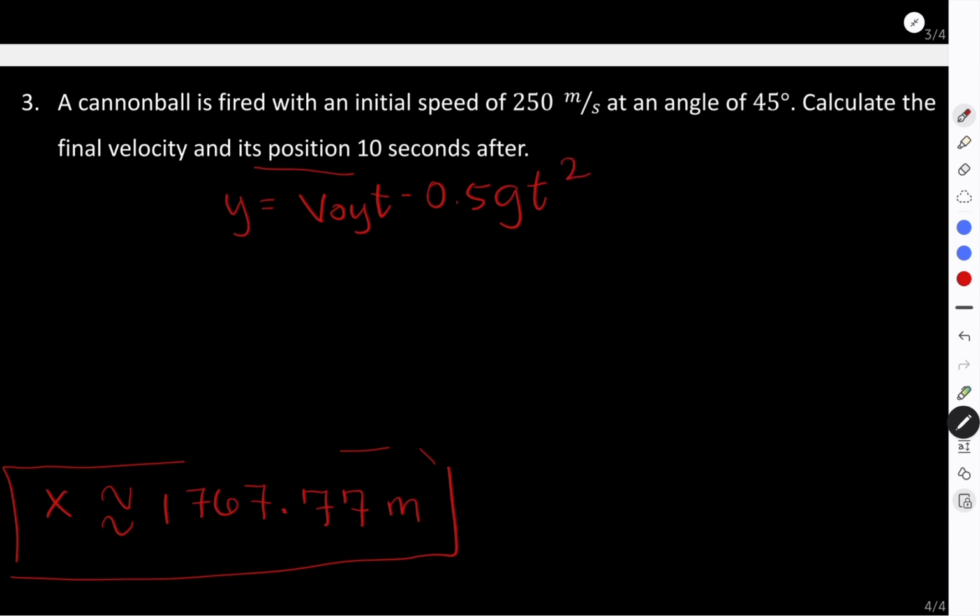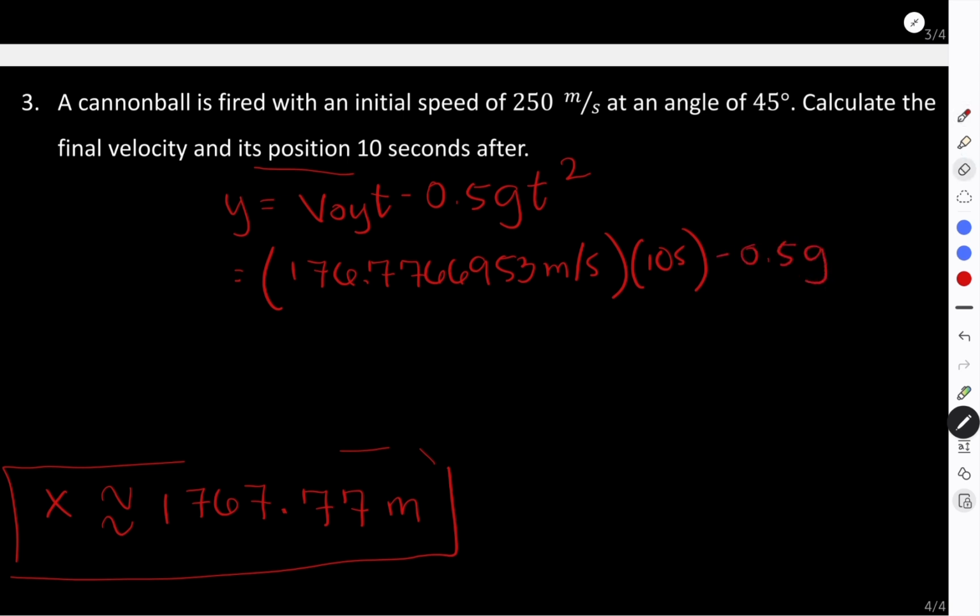We can do that. Initial velocity is just the same: 176.7766953 meter per second multiplied by our time, 10 seconds, then minus 0.5 times gravity, which is 9.8 meter per second squared, multiplied by our time, 10 seconds, and you square that.